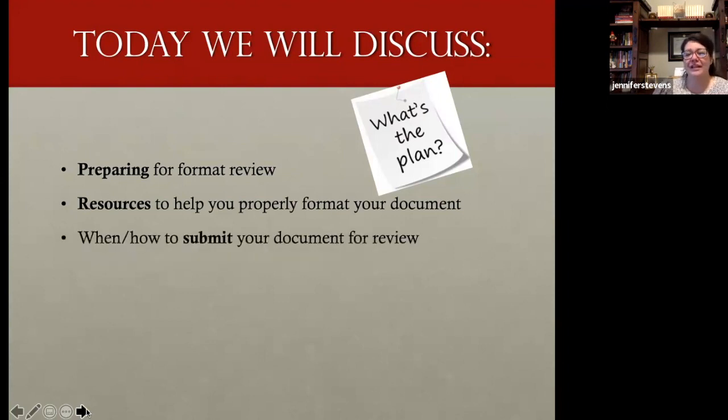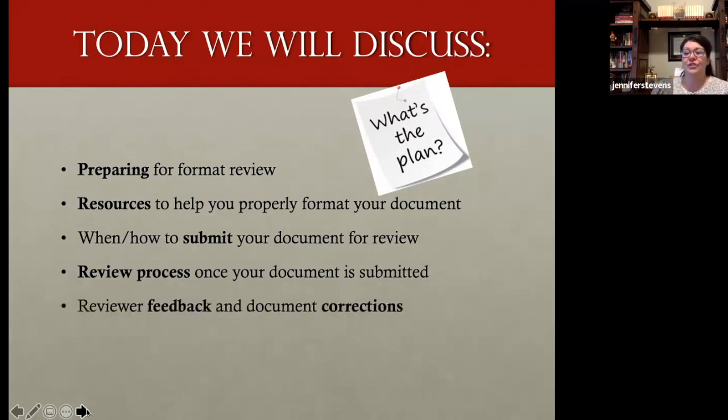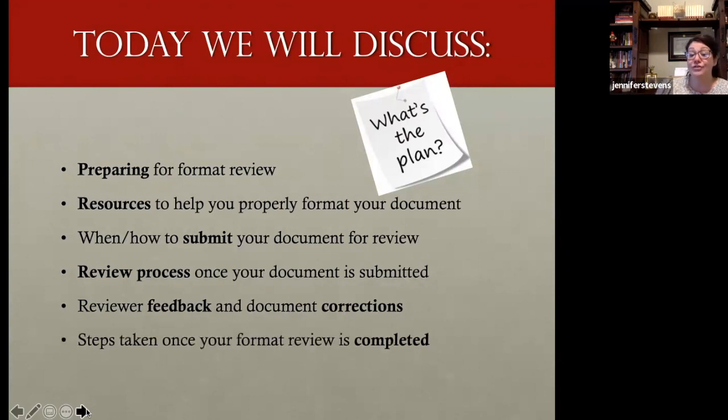And then I'll talk about when and how to submit your actual document for the review, go over what that process looks like, what exactly is going to happen, how the reviewer will give you your feedback on what different corrections you have to make, and then we'll talk about some steps that you have to take once your format review is completed.